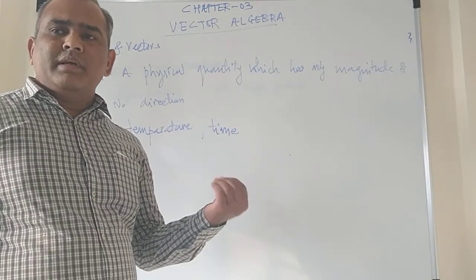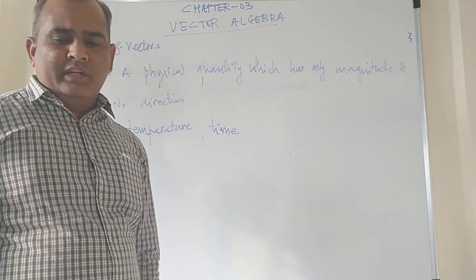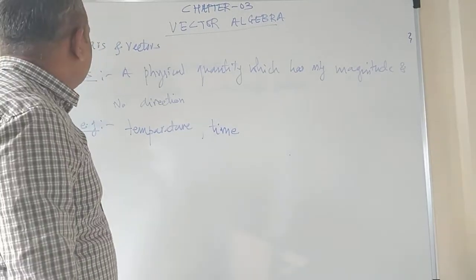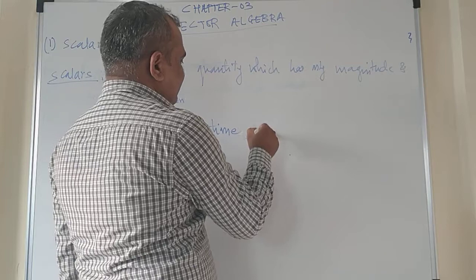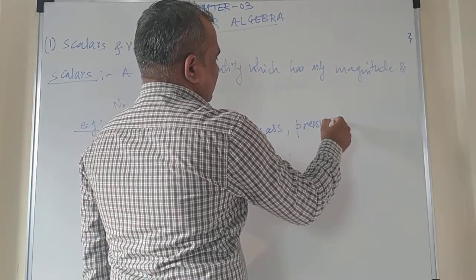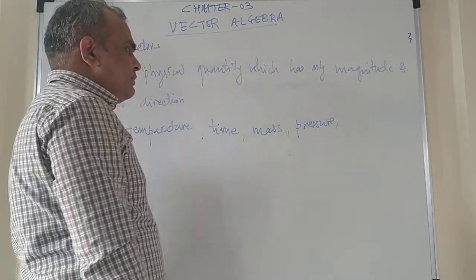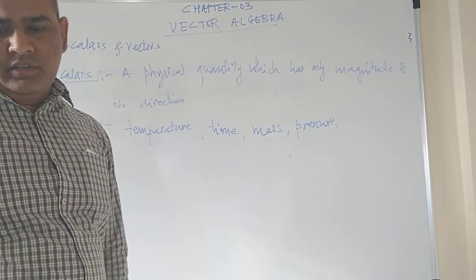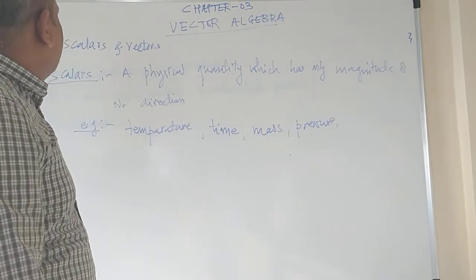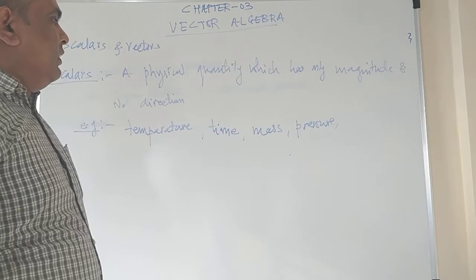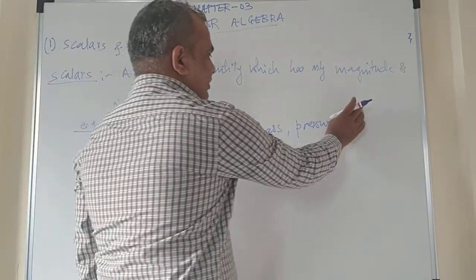You are just measuring its magnitude and not a direction. So time is one more scalar quantity. Along with that, you can say mass, pressure. These are various scalar quantities and not a vector quantity. Got it?